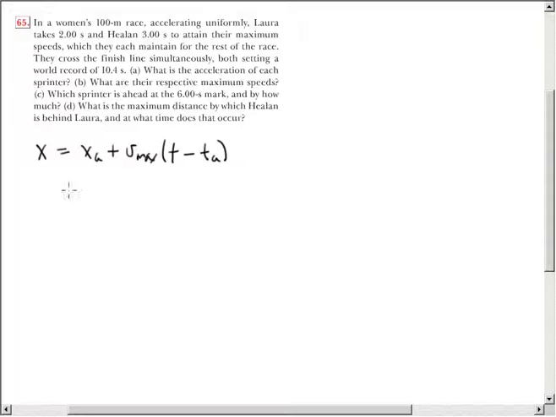So let's calculate the position of each runner at the 6-second mark. Pause the video and perform the calculation.